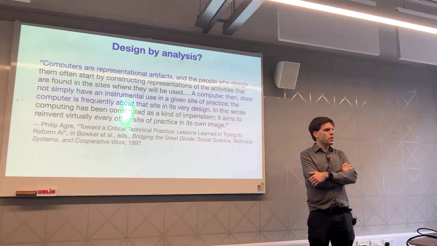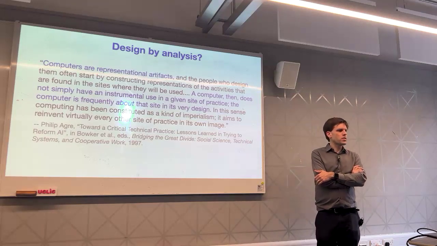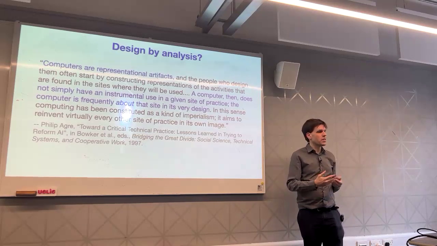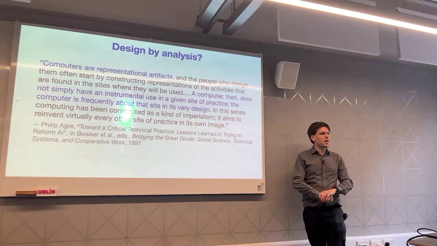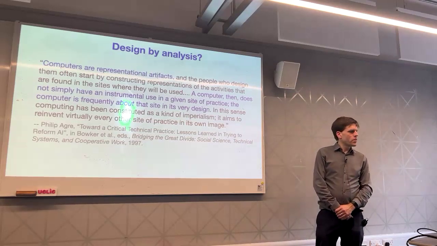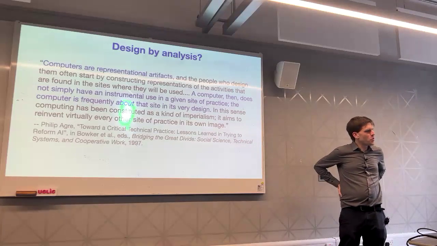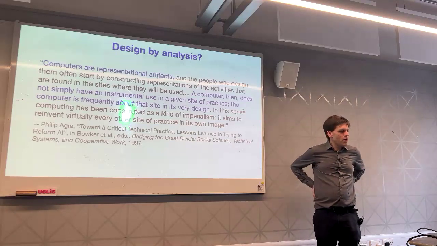And he talks about how computers are representational artifacts and that they don't simply have an instrumental use in a given site of practice. They're actually about that site in its very design. And so he says provocatively that computing has been constituted as a kind of imperialism, says the guy from Imperial College London. It aims to reinvent virtually every other site of practice in its own image.